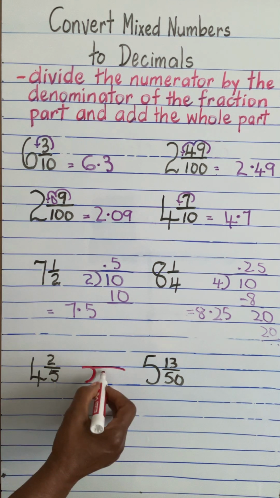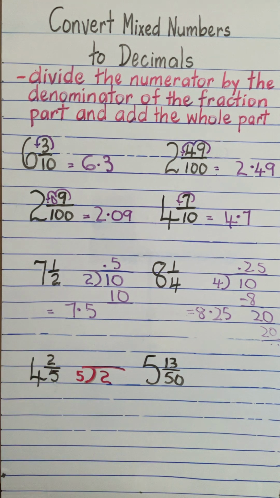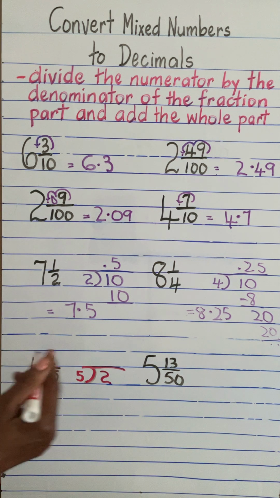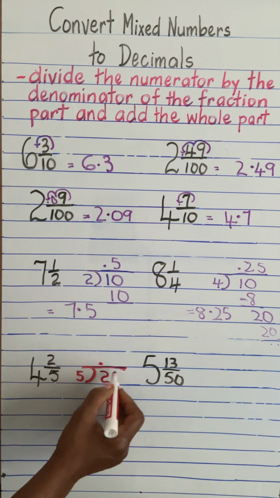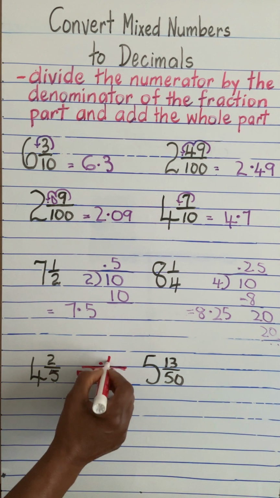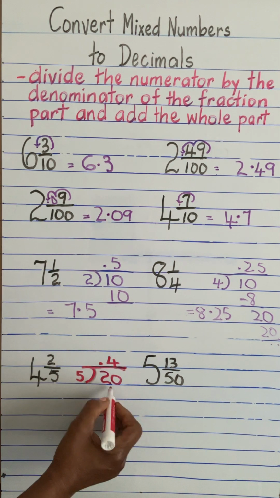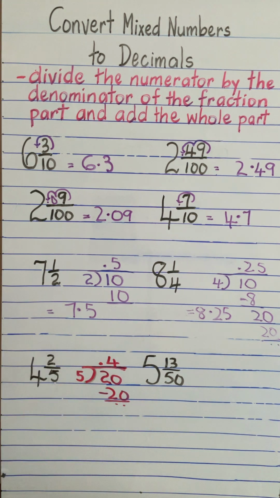That is 2 divided by 5. How many times can 5 go into 2? No time. Put a point and add a 0. How many times can 5 go into 20? And that is 4 times. 4 times 5, 20. Subtract. We have nothing left.